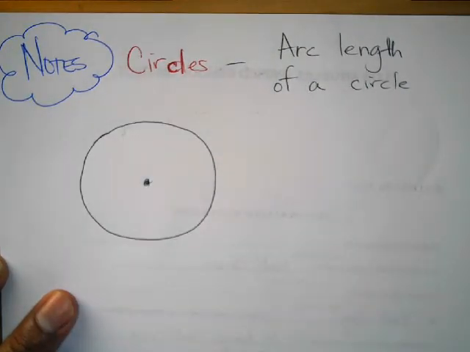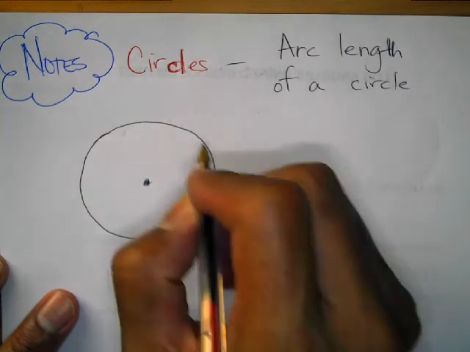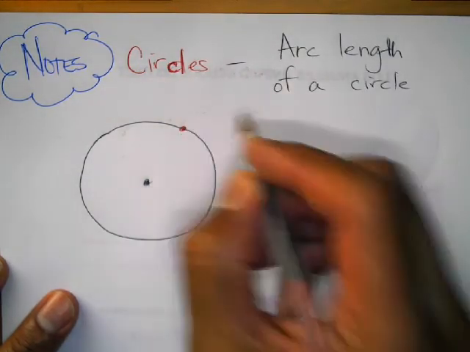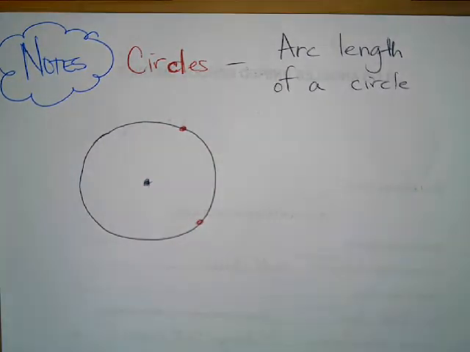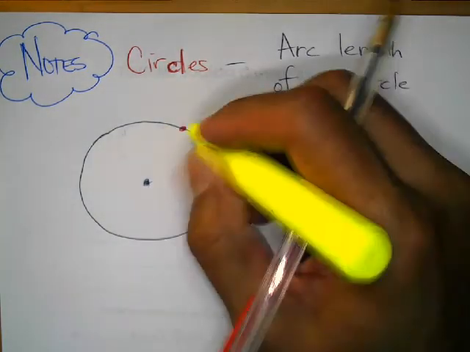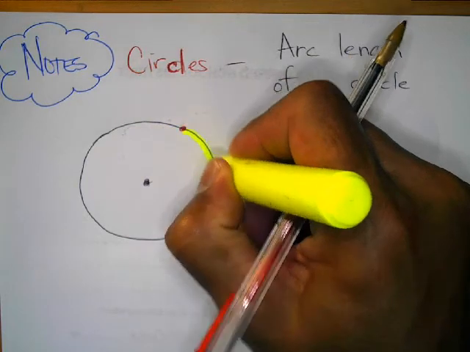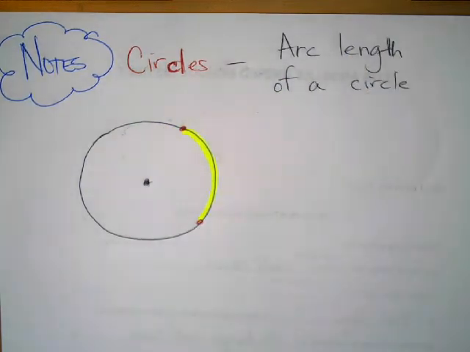Okay. Well, we know the center has a radius, right? Well, actually, let me tell you what an arc is. An arc, let's say I'm just gonna focus on this. You know, it can be a small arc or it can be a very large arc.